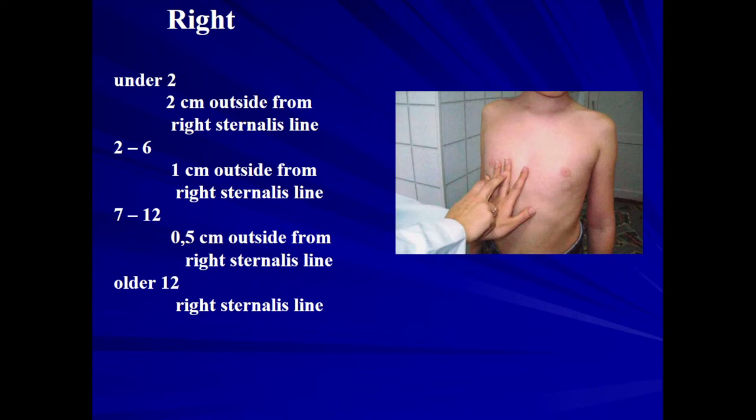First we find the upper border of liver dullness, up to several centimeters, and then through the intercostal space, from the left to right, we percuss to determine the right border of the heart's relative dullness.